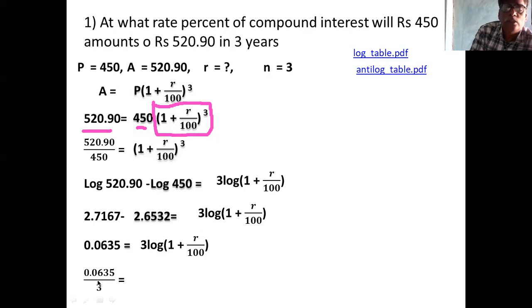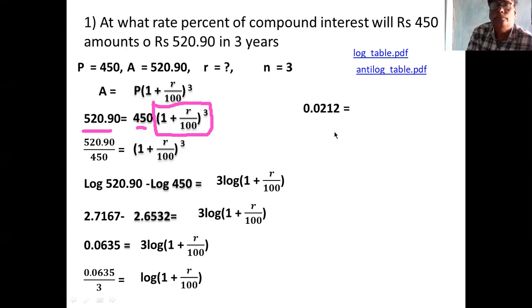Therefore, 0.0635 divided by 3 is equal to log (1 plus R by 100). The next step: 0.0212 nearly is equal to log (1 plus R by 100).